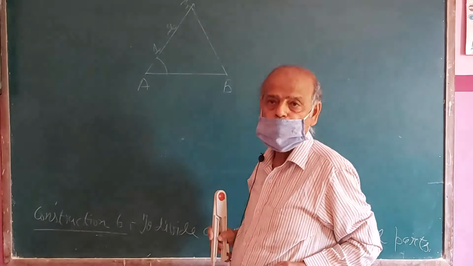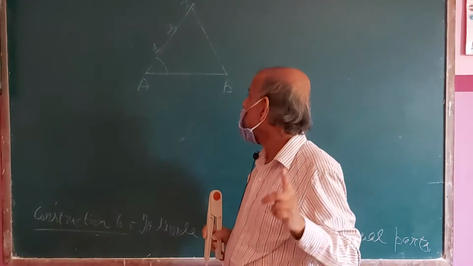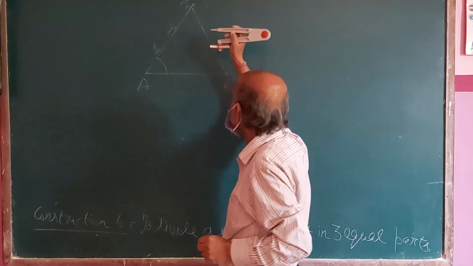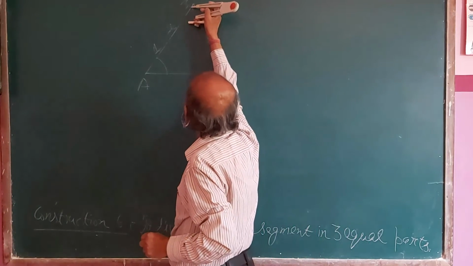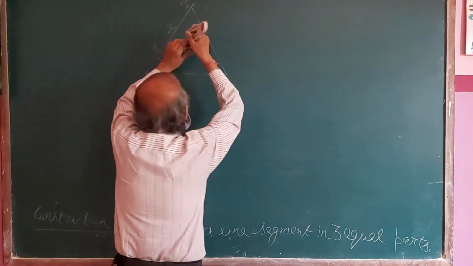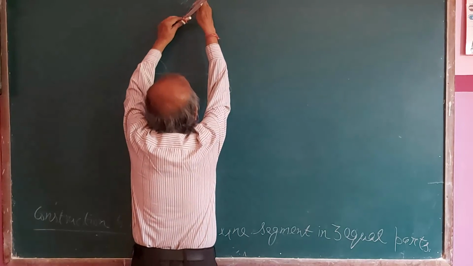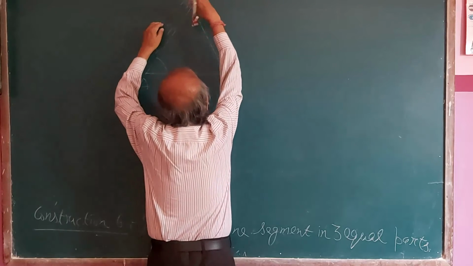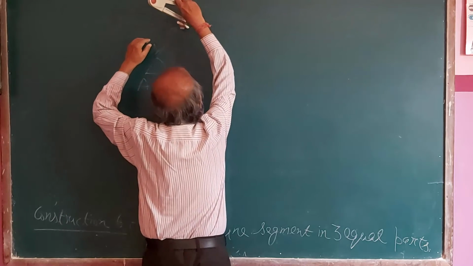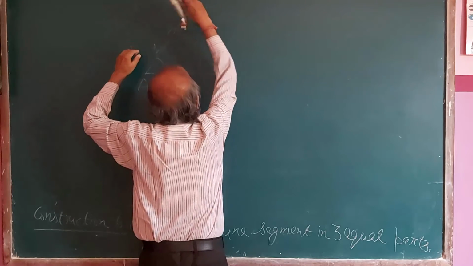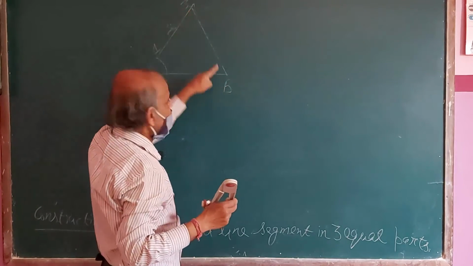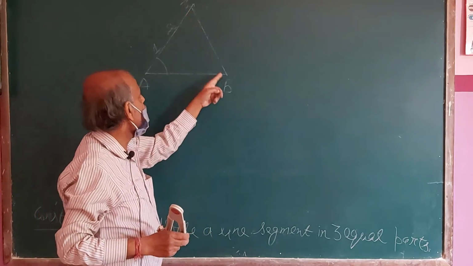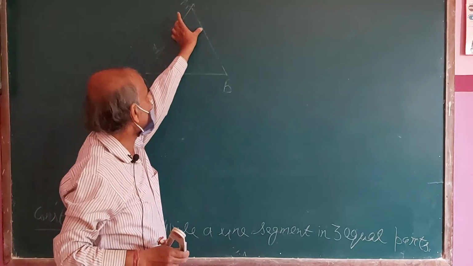Now, I have told you yesterday to make equal angles. You can measure this angle with your compass. Can you read this angle? Name of this angle is A3B or B3A and the gap is this.